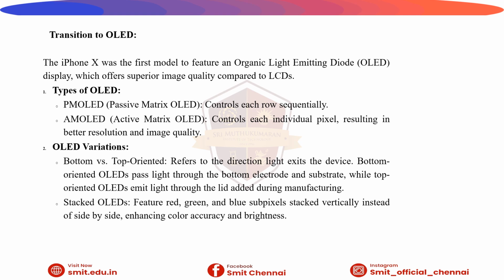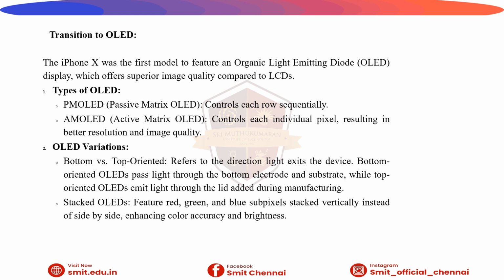The next type is AMOLED, the active matrix OLED. The characteristics of AMOLED are that each pixel is individually controlled, with higher resolution, better color quality, and faster response time. AMOLED is commonly used in premium smartphones.